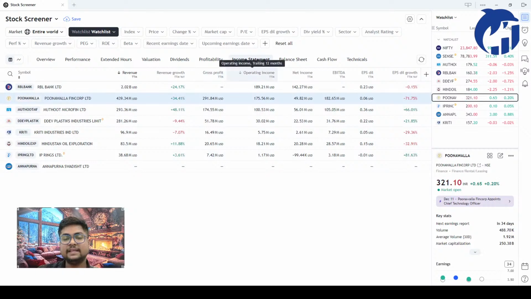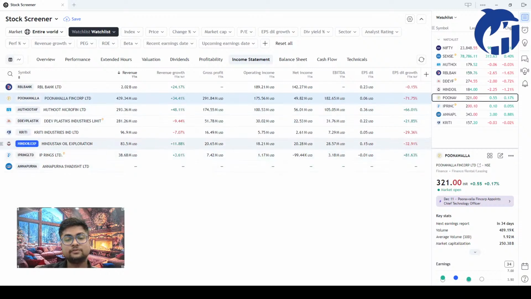Looking at the operating income, there is no gross profit data for RBL Bank, but we have operating income for now. It's 189.21 million USD for RBL Bank, 175.56 million USD for Poonawalla, 100 million USD for Muthoot Microfin, and 30 million USD for DDV Plastic Industries Limited.